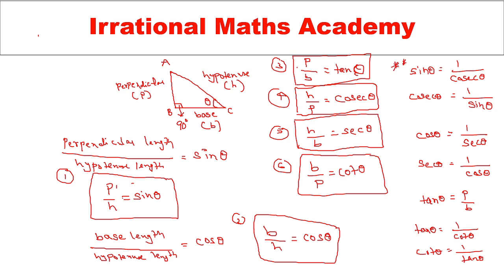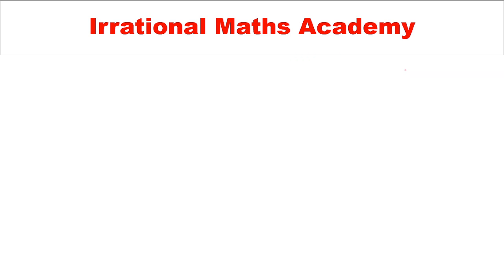Is it clear? Next, just now we wrote sin theta equals 1 by cosecant theta. Using this relationship, if I multiply both sides by cosecant theta, what happens? Sin theta into cosecant theta equals cosecant theta by cosecant theta, which equals 1.